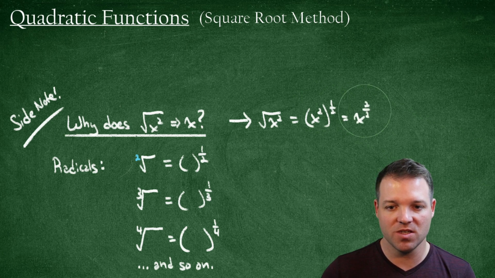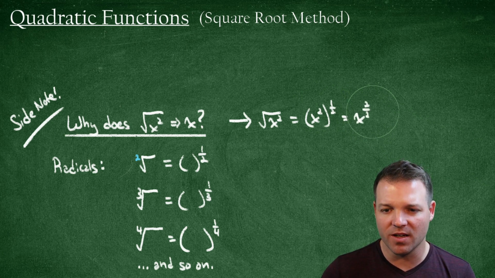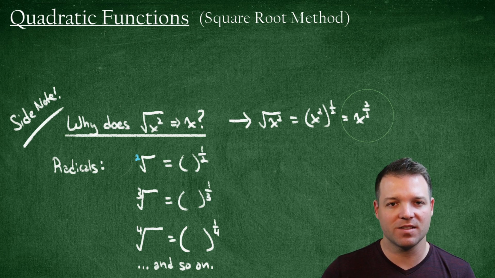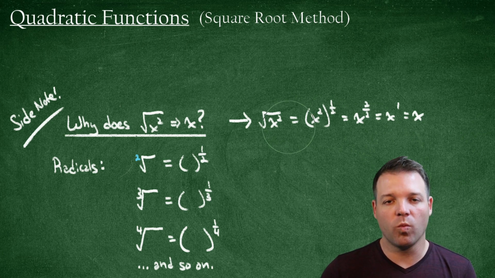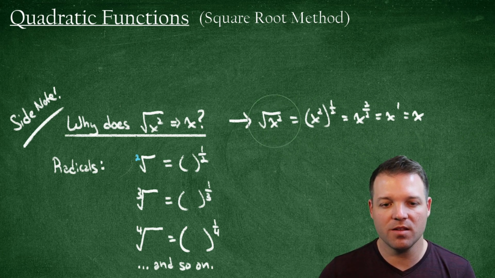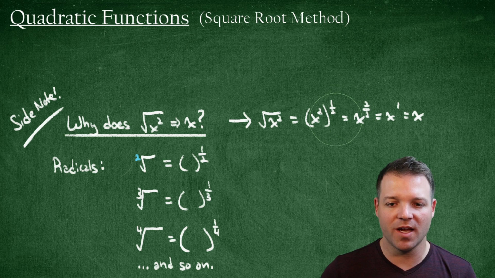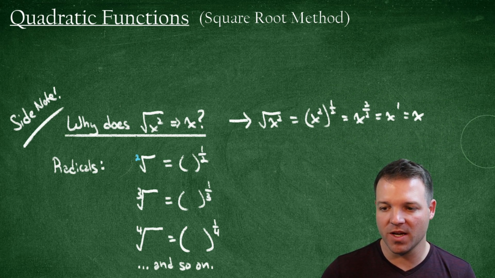So 1/2 times 2 to get 2 over 2. That's x to the 2 over 2, which is really just x to the first power, which is just x. So that's why it works. The square root is really to the 1/2, and so if I have x squared to the 1/2, then I could just multiply 2 times 1/2 to get back to x. Okay.